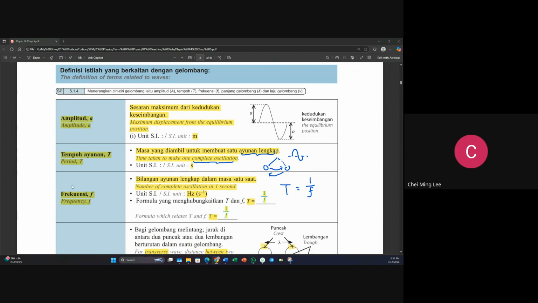So it's hertz, or per second. 1 hertz means 1 per second. 10 hertz, 10 oscillations per second. So the formula we normally use is T equals 1 over f. Period equals 1 over f.